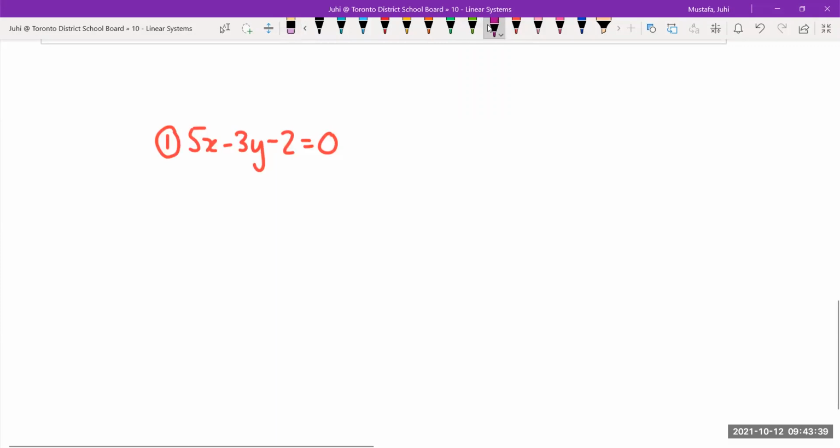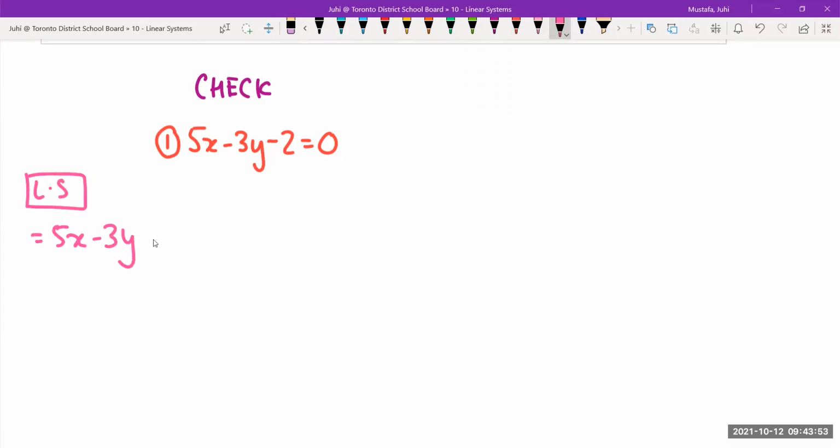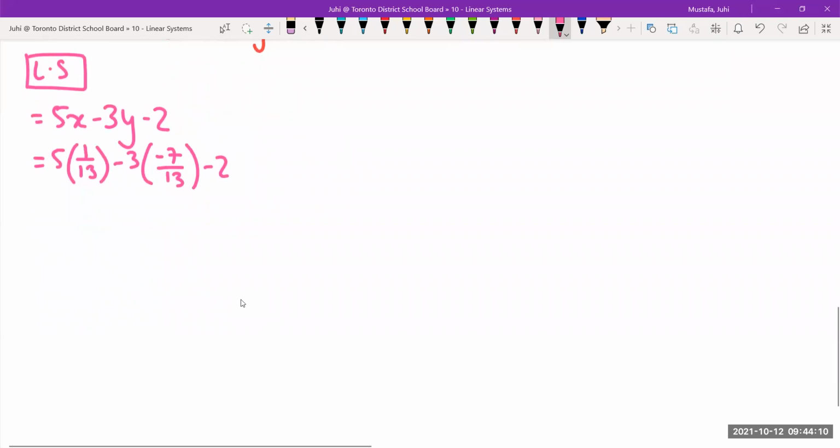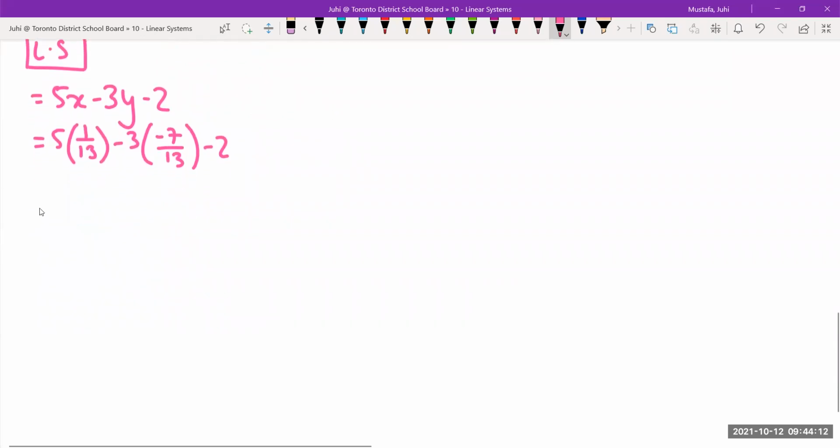All right, so we're just checking our solutions. So we're going to have the first equation, which is going to be the left side is equal to 5x minus 3y minus 2. And it's going to be 5 times 1 over 13 minus 3 times negative 7 over 13 minus 2. Are you guys enjoying this? All these fractions.